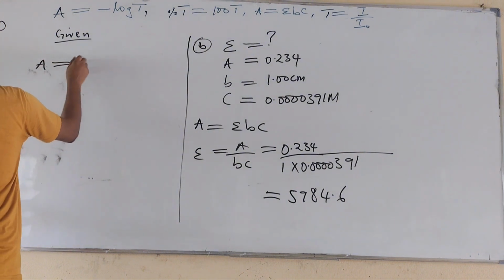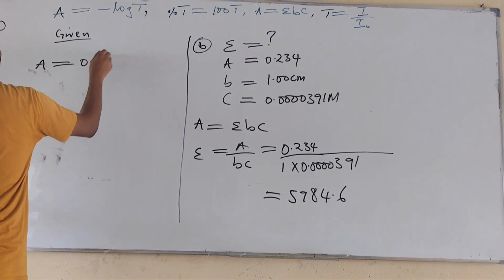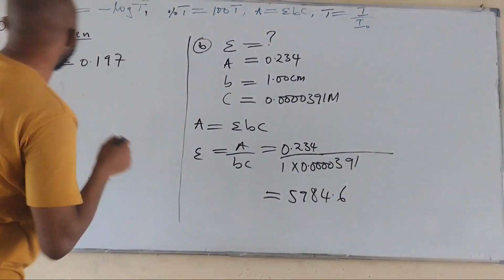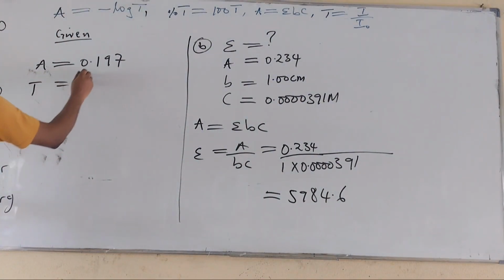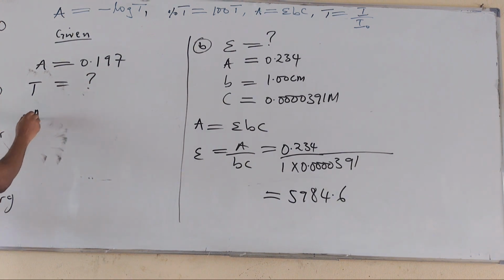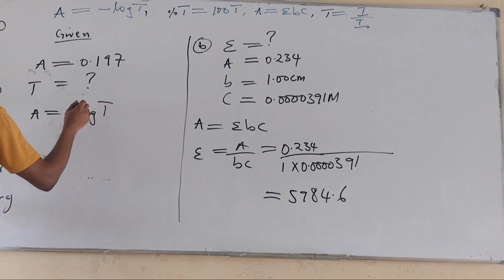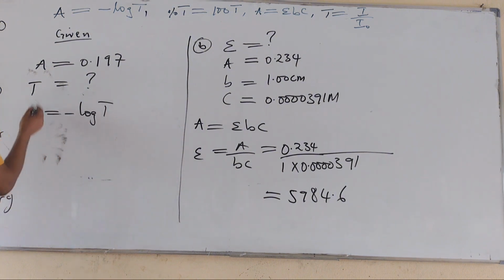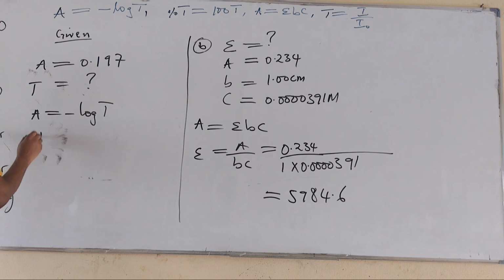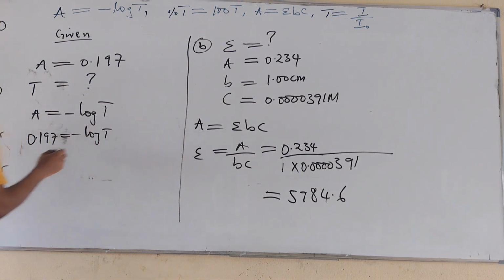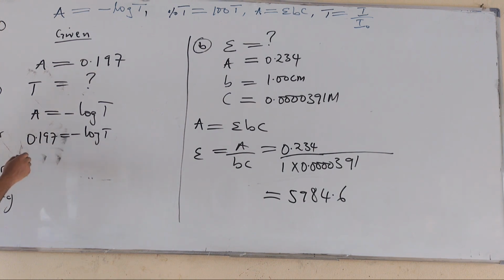A is 0.197. So what is T? T is what? And we say A is equal to the negative log of T. So if A is this, 0.197 is equal to minus log of T. So divide both sides by minus, or multiply by minus.